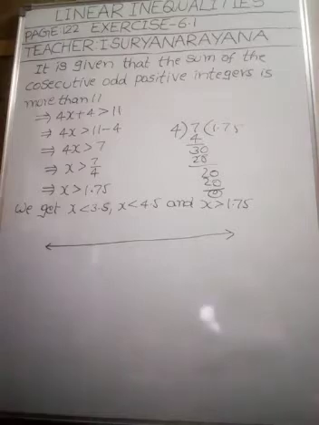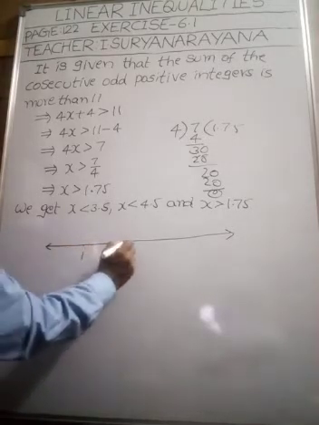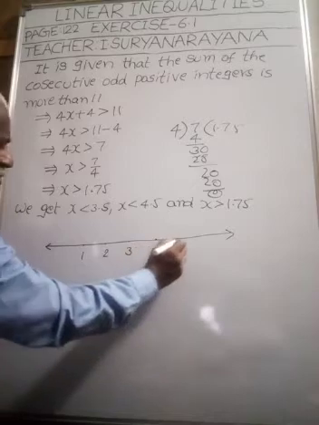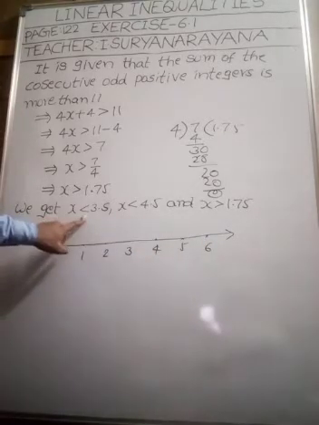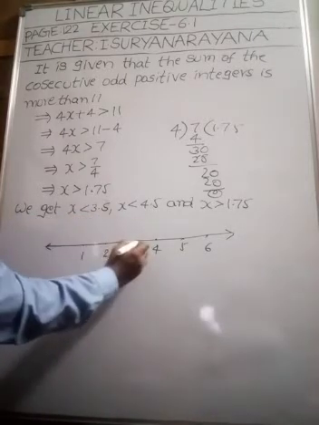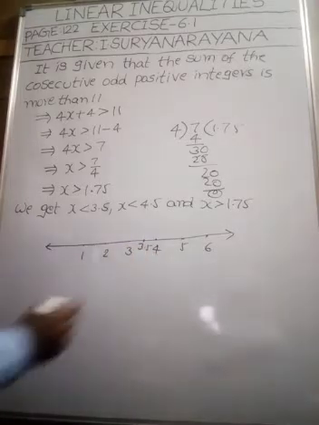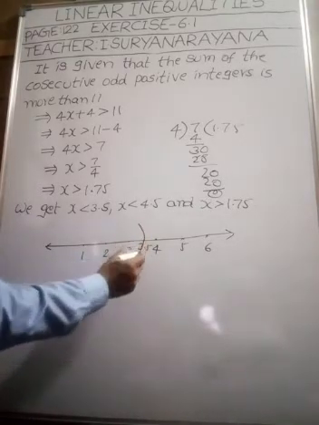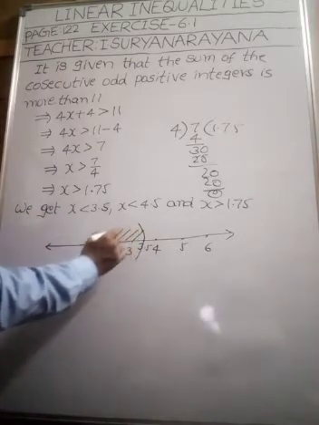Now let us take only the number line of positive natural numbers. So 1, 2, 3, 4, 5, 6 and so on. First, x less than 3.5, where this number lies between 3 and 4. So let us shade this region.